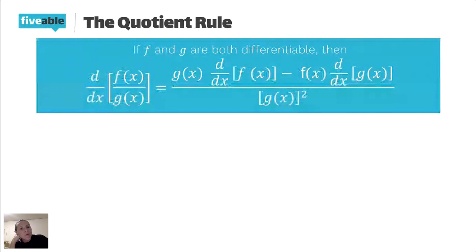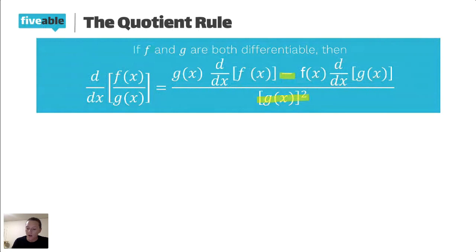And a couple big differences between the product rule and the quotient rule are going to be that instead of adding, we are going to end up subtracting. And also, we are going to have to put the original denominator squared down in the denominator of our derivative, okay?